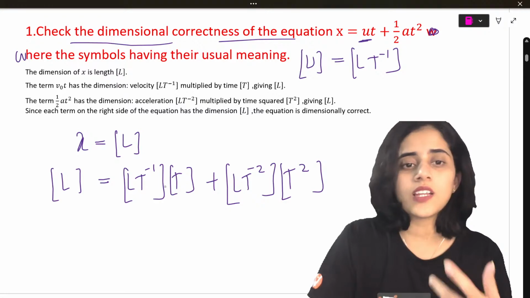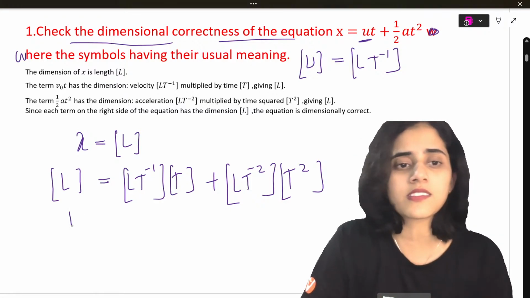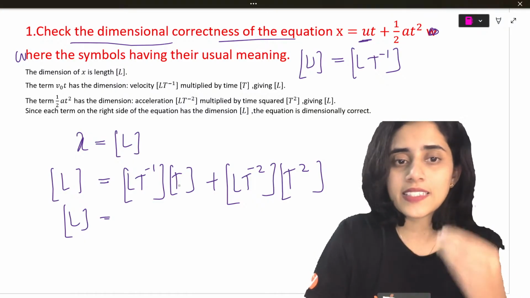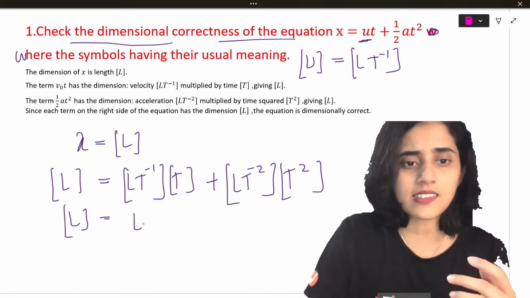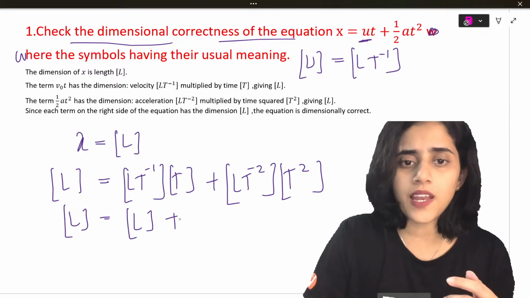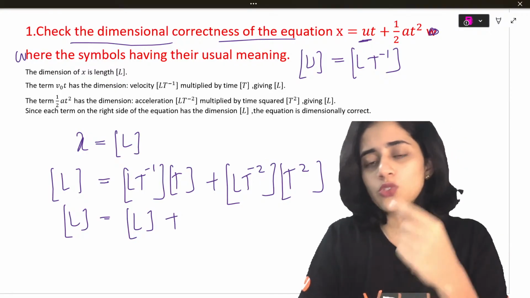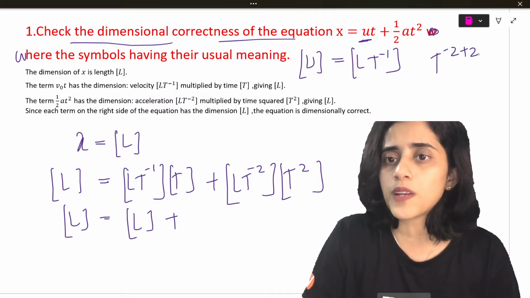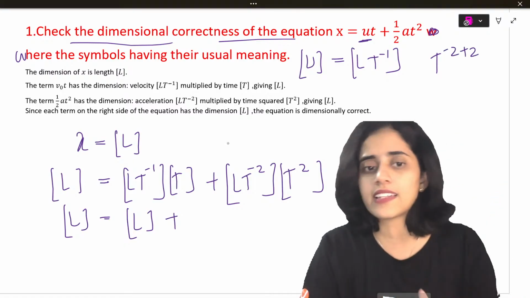So yeah, now let's do it. This will become L is equal to L t raised to minus 1 into t, the t cancels, plus L t raised to minus 2 into t square. This is basically t raised to minus 2 plus 2, which is t raised to 0. It will cancel.